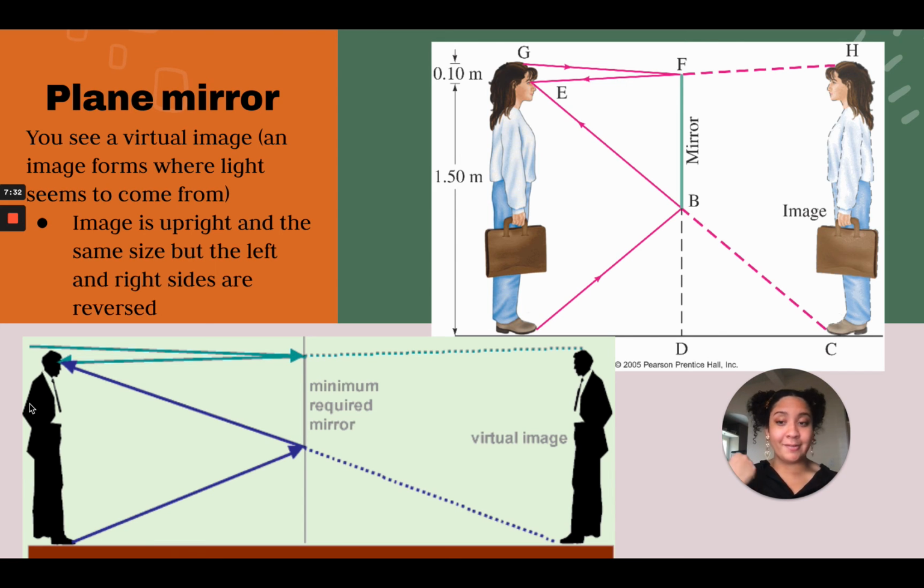Have you ever seen someone say, oh, I look totally different in a camera versus in a mirror? That's because the left and right sides are reversed, and maybe they're not totally symmetrical. So a plane mirror is upright and the same size, but the left and right sides are reversed.